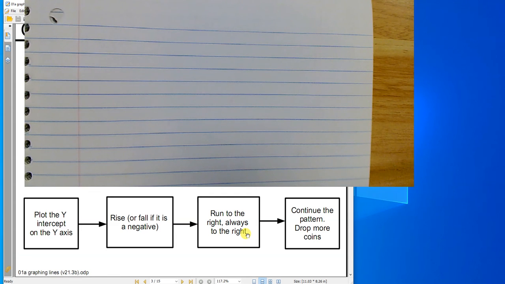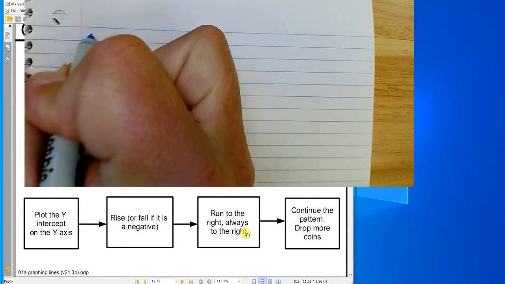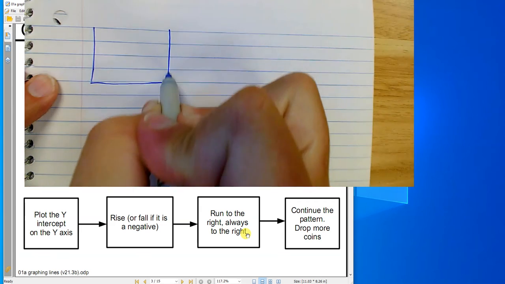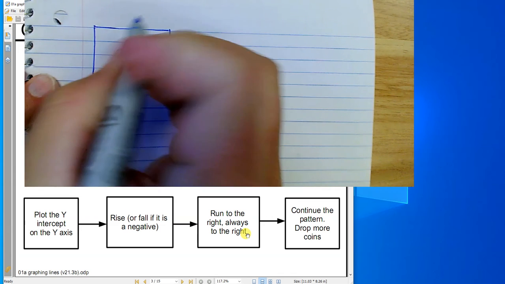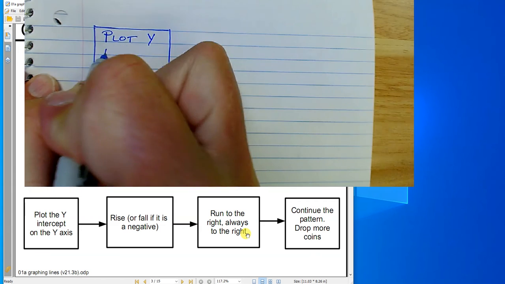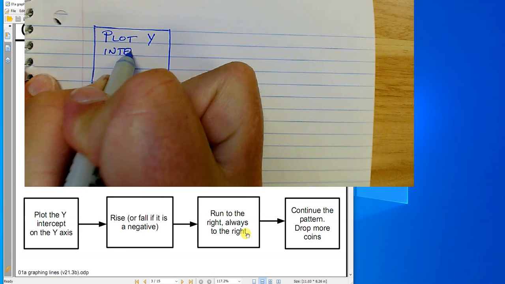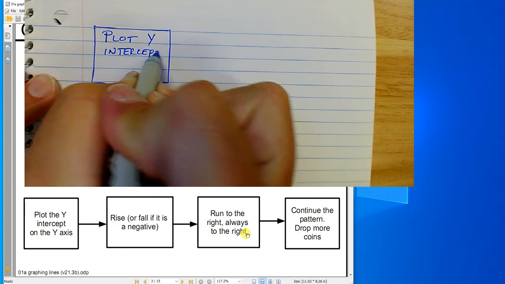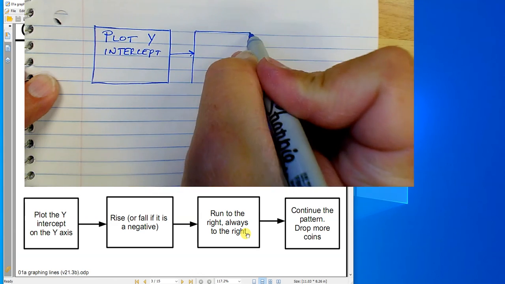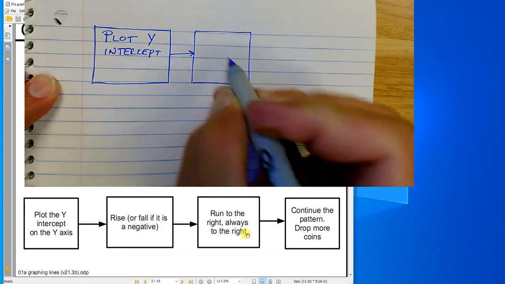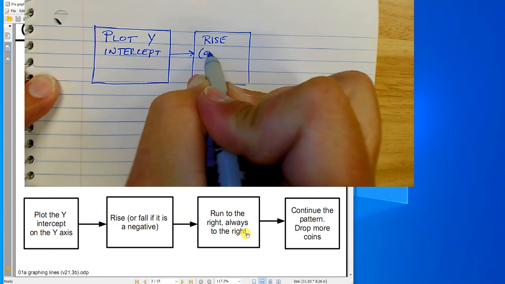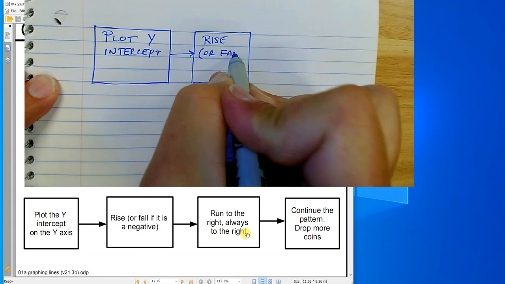So what's our method here? Box 1. Plot the y-intercept. What do I do now? I rise or fall if it's a negative.